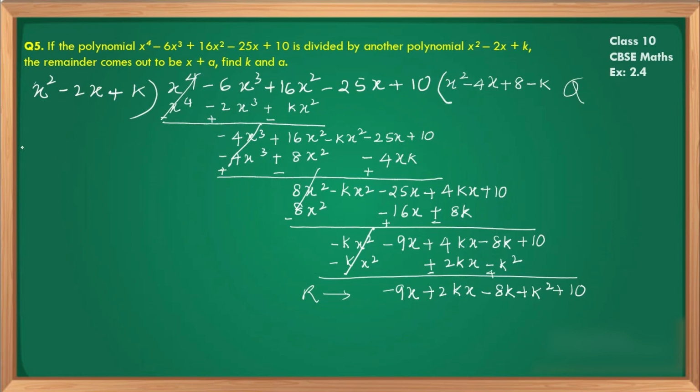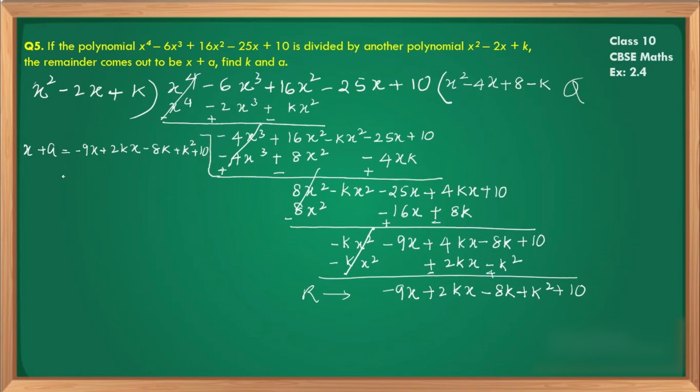So, naturally, x plus a is equal to minus 9x plus 2kx, then minus 8k plus k square, and then plus 10.